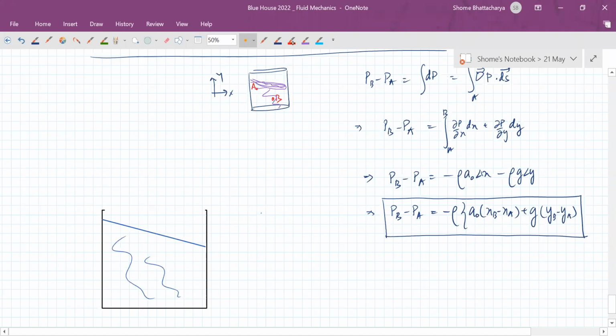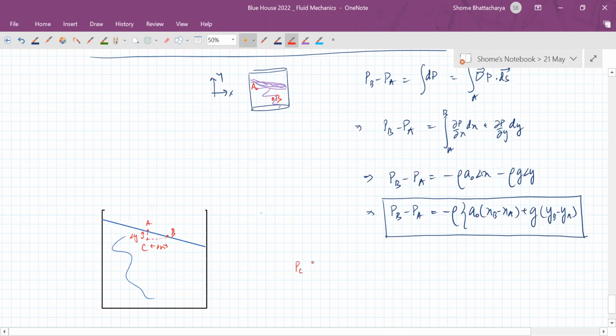Why it will have a uniform slope is we can just consider a small section like this. So we can consider this point like this.